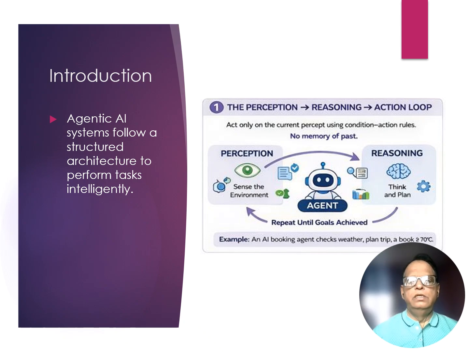The agent thinks over the data, and then the action is performed. So there is a sequence of perception, reasoning, and action. Say, for example, an AI booking agent checks whether it is appropriate. It can plan the trip, and it can also book the trip only if a certain condition of the environment is met.